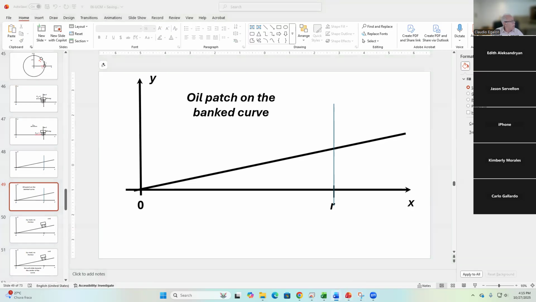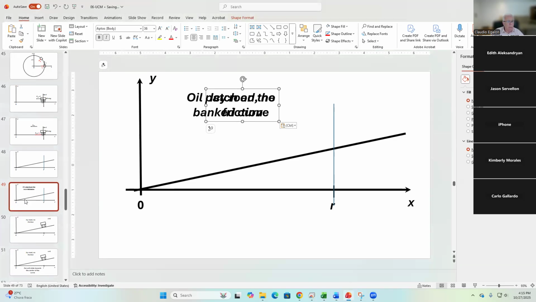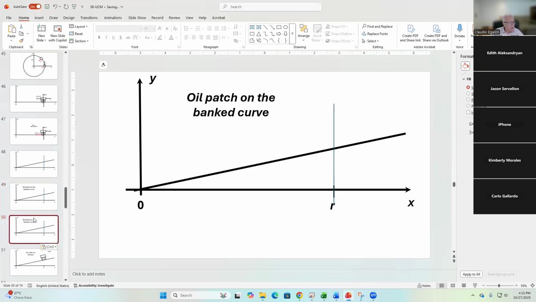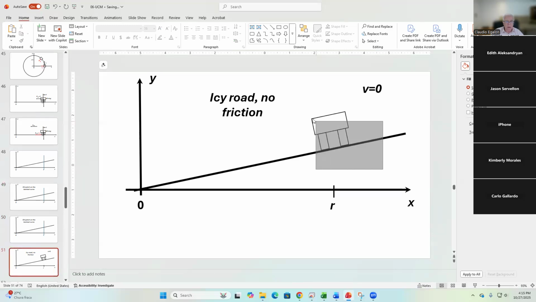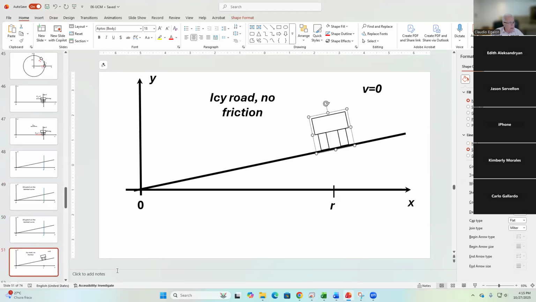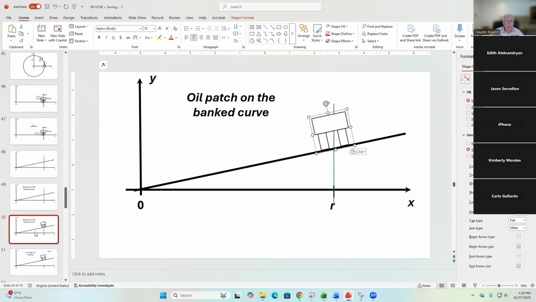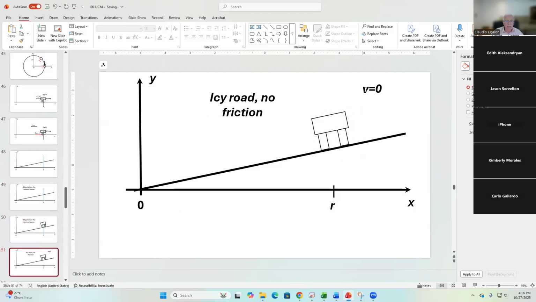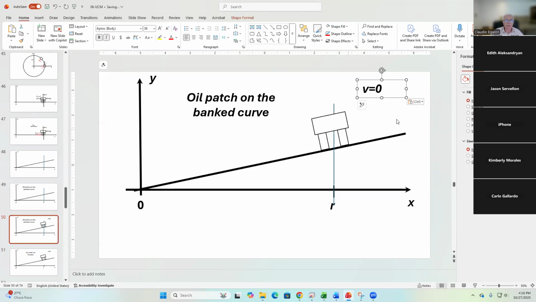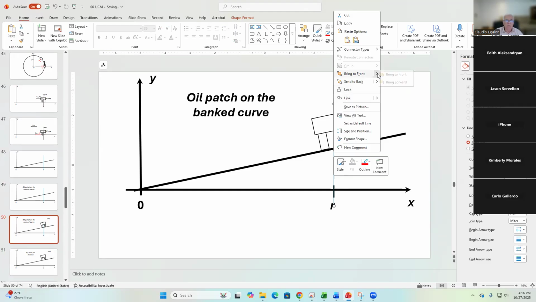And also assume that there is a car at rest on this banked curve, exactly on the oil patch. So I'm going to get my car here and put it on the banked curve. On top of that, this car is going to be at rest.